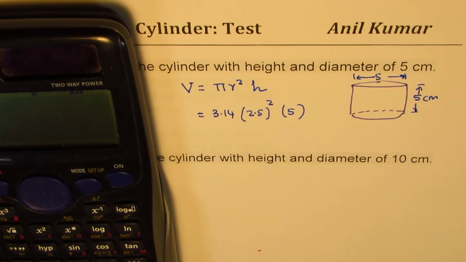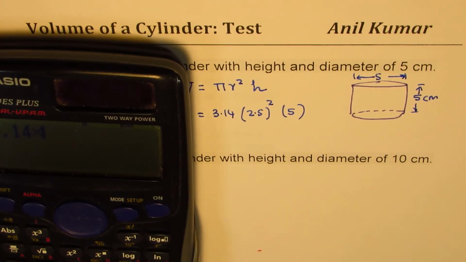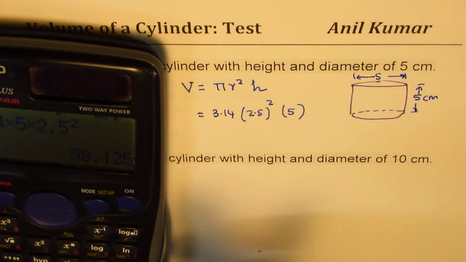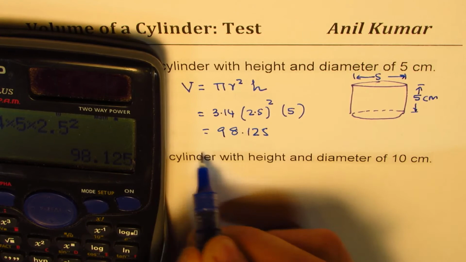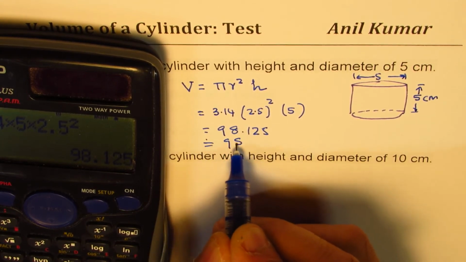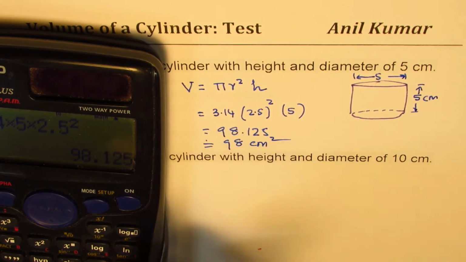In decimals, it is 98.125, which is, let's say, 98 centimeters cube, correct?